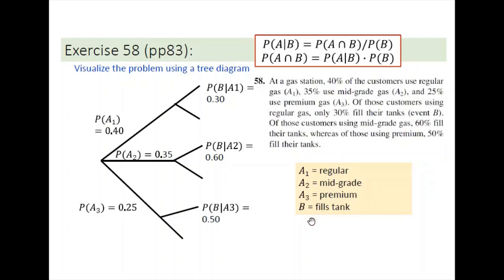Okay, we have 4 different events here. A1 using regular gas, A2 using mid-grade gas, A3 using premium gas, and B is the event of filling tanks.